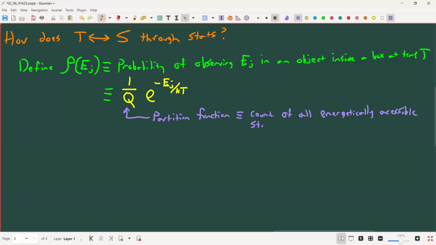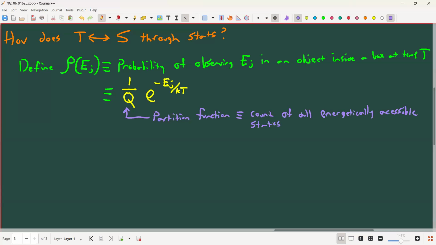Remember that I said as the box gets hotter, the molecules and atoms can exist in higher energy configurations. They might be moving around faster, they might be wiggling around. The hotter it gets, the faster they move. And so Q tells you, as a function of temperature, the total number of possibilities. It's a total count.